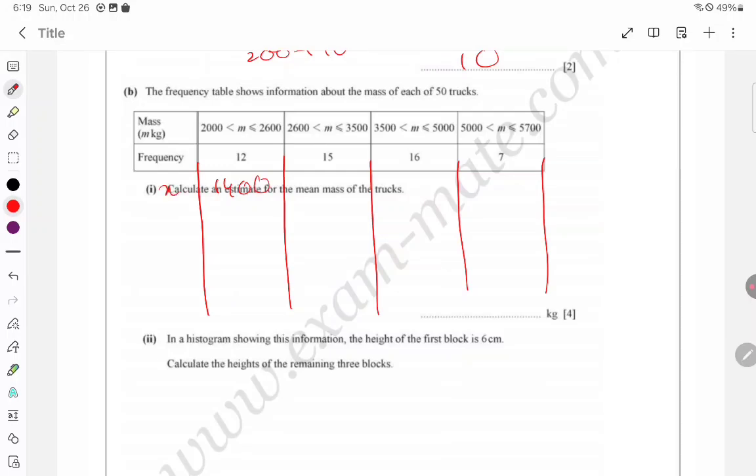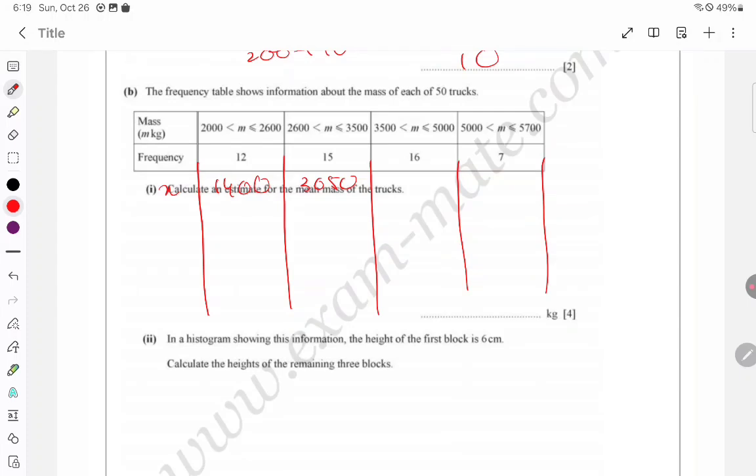Now 2600 plus 3500 divided by 2 to get our answer of x, which is 3050.